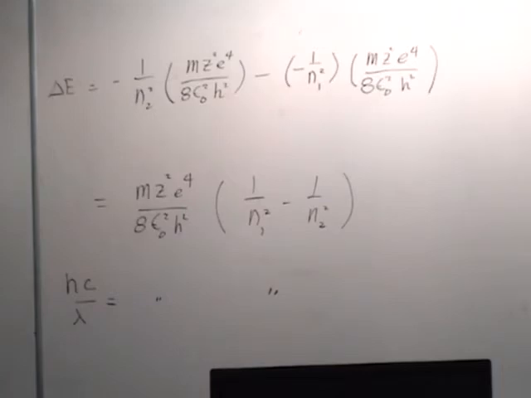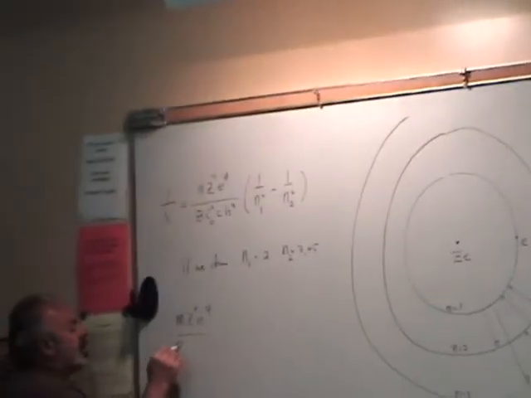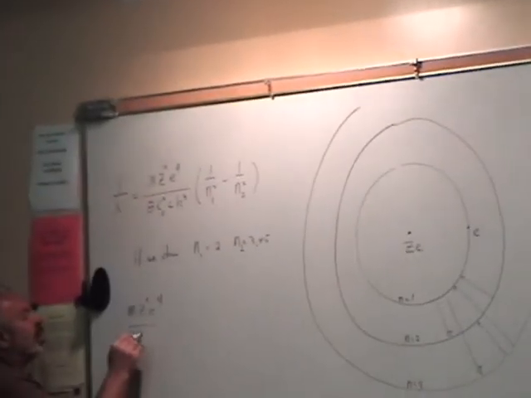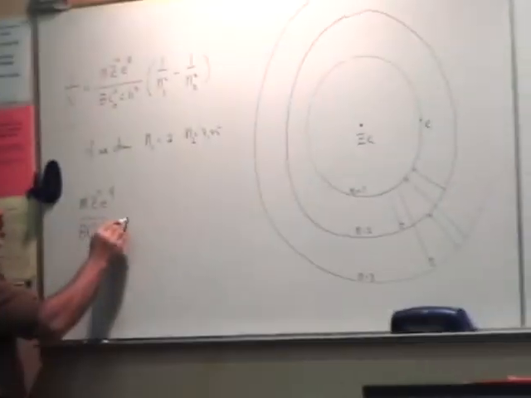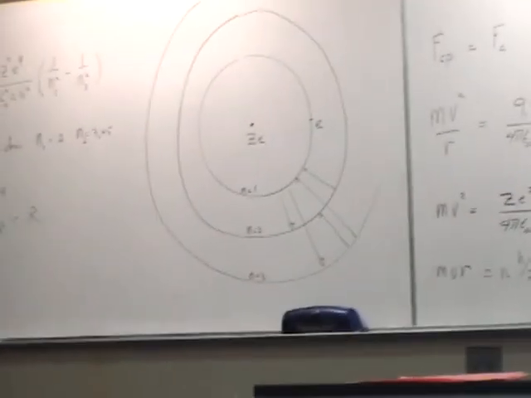If we choose n1 equals 2, then n2 can equal 3, 4, 5. And our claim is that m Z squared e to the 4th over 8 epsilon naught squared c h cubed is the Rydberg constant.